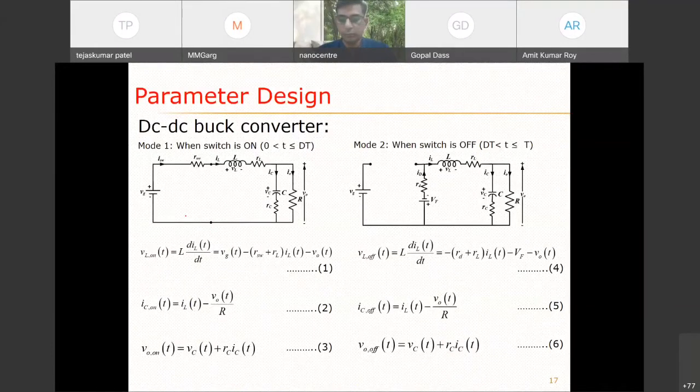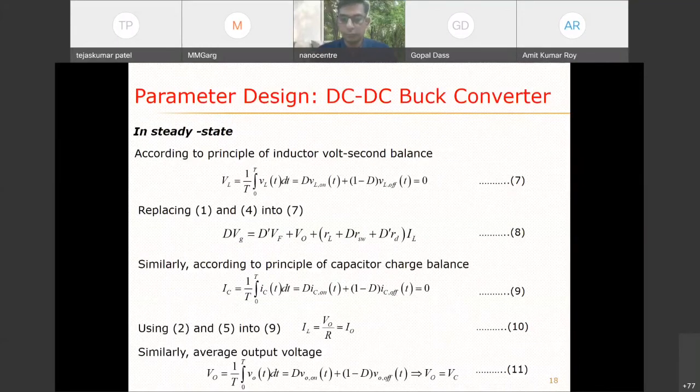Similarly, when the diode is on, it will have some forward voltage and, with the current, some diode forward resistance as well. This is for the buck converter, but for other converters we have also done this work, and many are doing it, so it can be applicable to other converters as well.